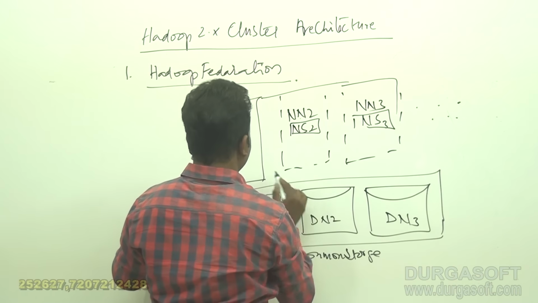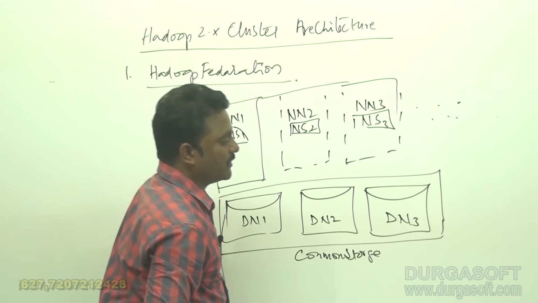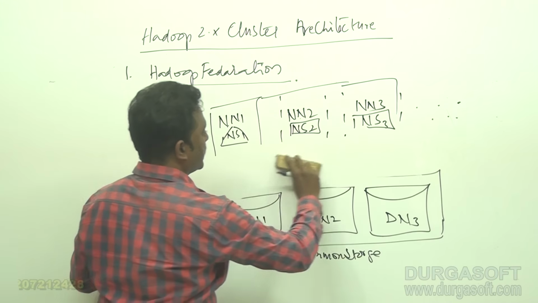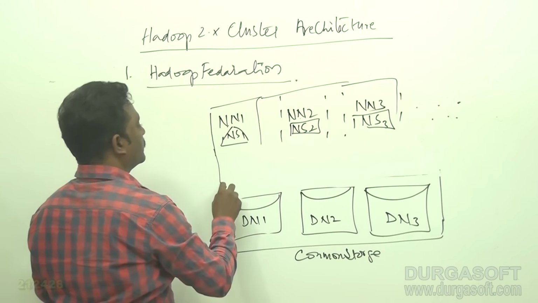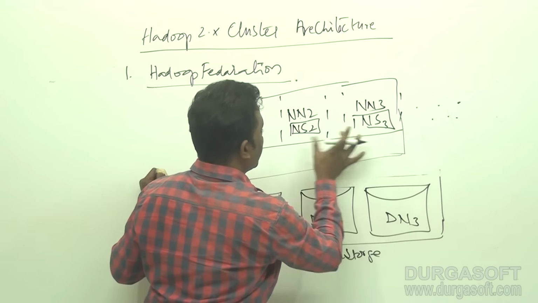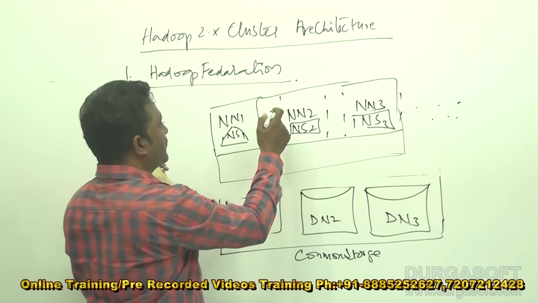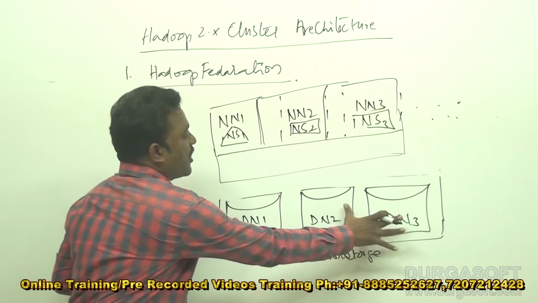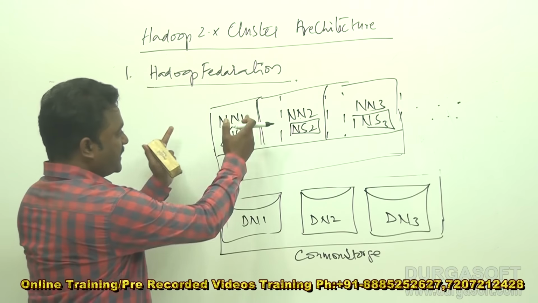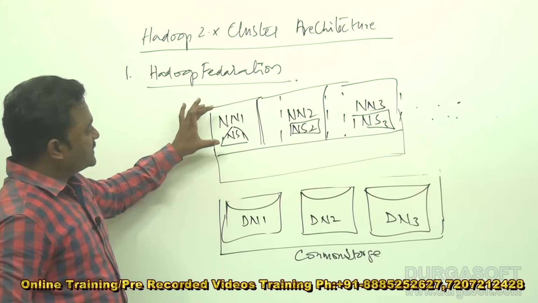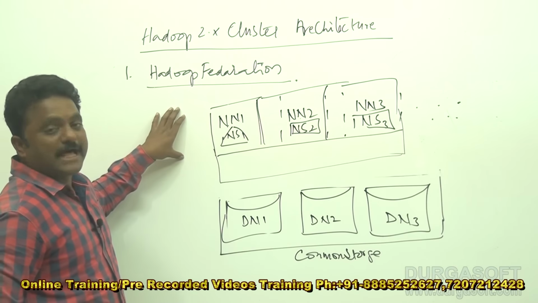Now each name node would have some RAM, and each RAM would be pulled from each of these name nodes. Now this is the common storage for the data nodes, but here, as we are considering more than one name node, each name node would have its own RAM.